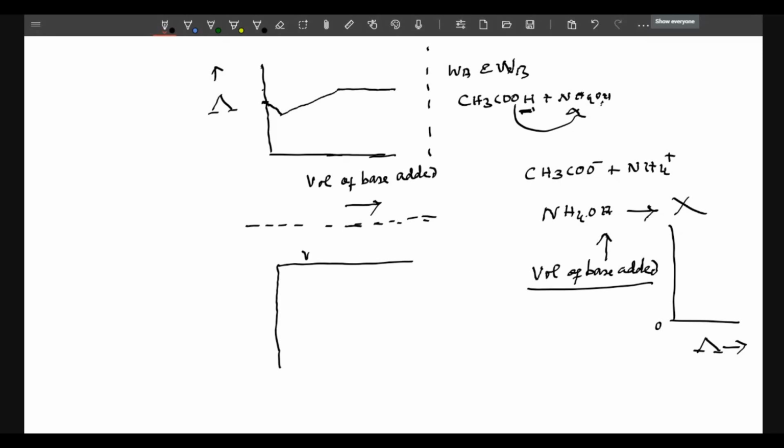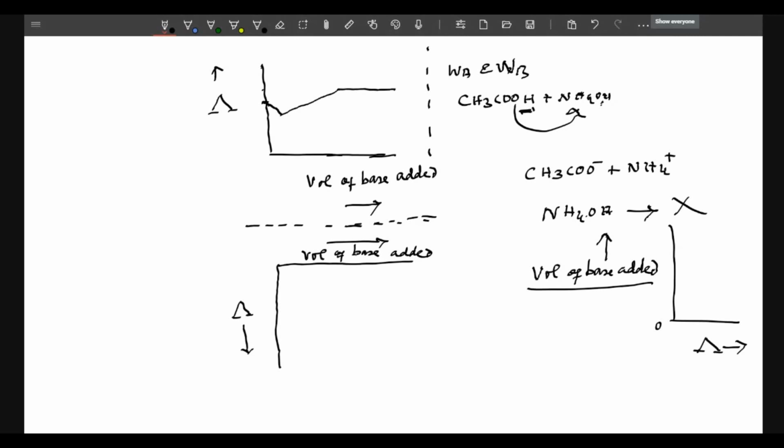Here, the volume of base added, and the arrow will be just like this. And this is lambda, and the arrow would be in this way.